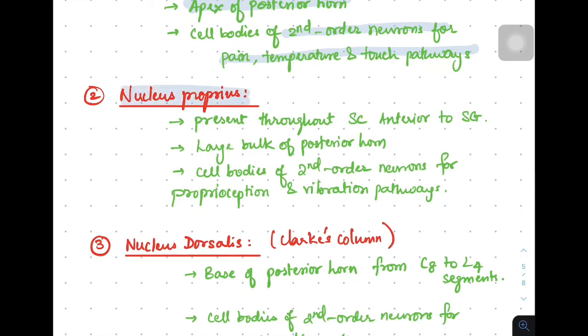It is present throughout the spinal cord, but it is anterior to the substantia gelatinosa. It forms the large bulk of the posterior horn, and the cell bodies of second order neurons here are used for the proprioception and vibration pathways. Proprioception and vibration pathway means dorsal column, medial lemniscus pathway. Pain, temperature and touch means lateral and ventral spinothalamic tract.